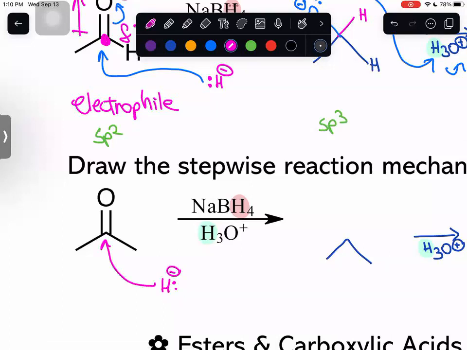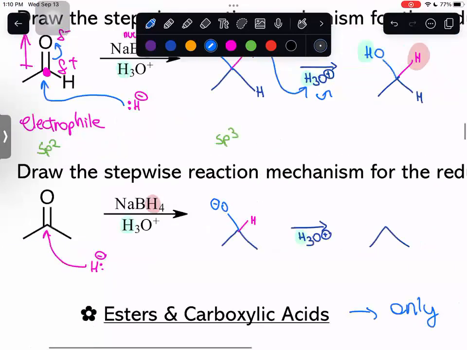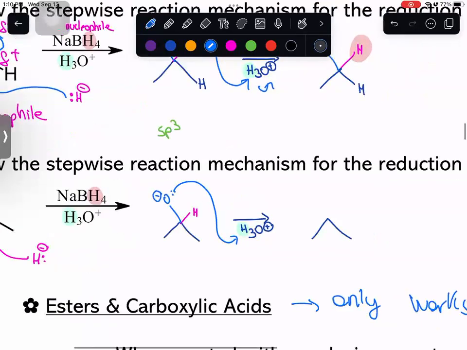So then it adds to that carbon, and then you're left with the O with the negative charge. And then from the other part of the solution, the hydronium adds another H. So yeah, pretty much nucleophilic attack, acid-base reaction. That's it. Pretty simple reduction for this one.